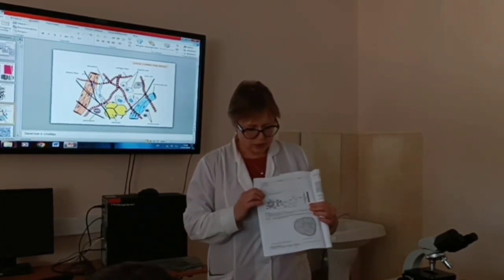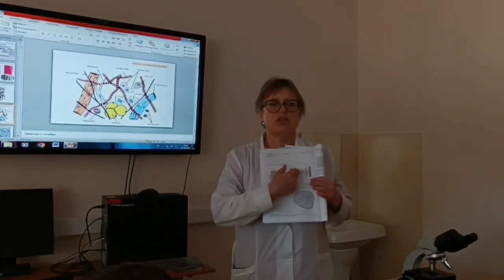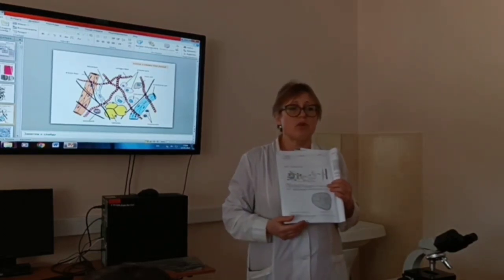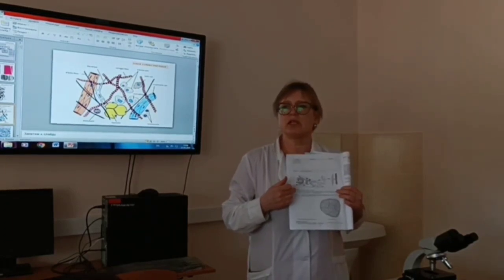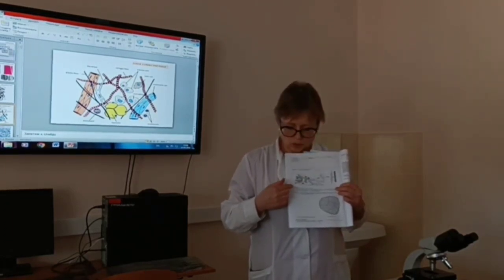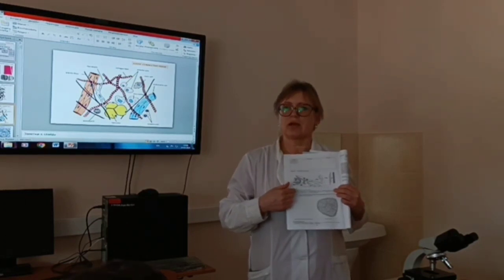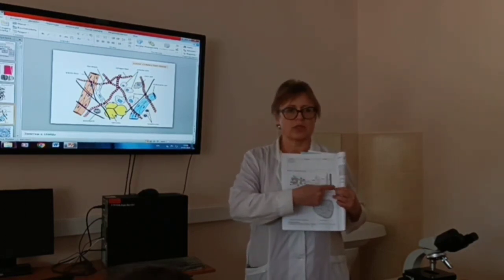Task 46. This is a diagram of synthesis of collagen fibers. Below you can see names of these steps, so you should choose and localize these steps on this diagram.